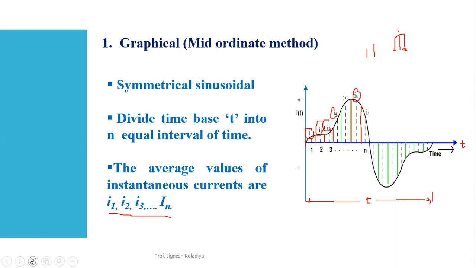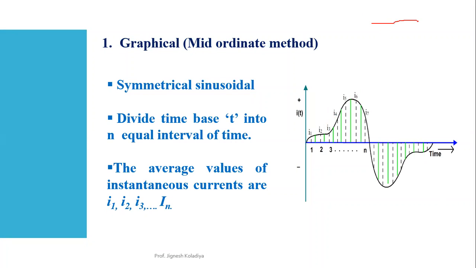Now, suppose I have one circuit in which one resistance is connected. The value of the resistance is R. Now, one by one, I am passing this average current I1, I2, I3.